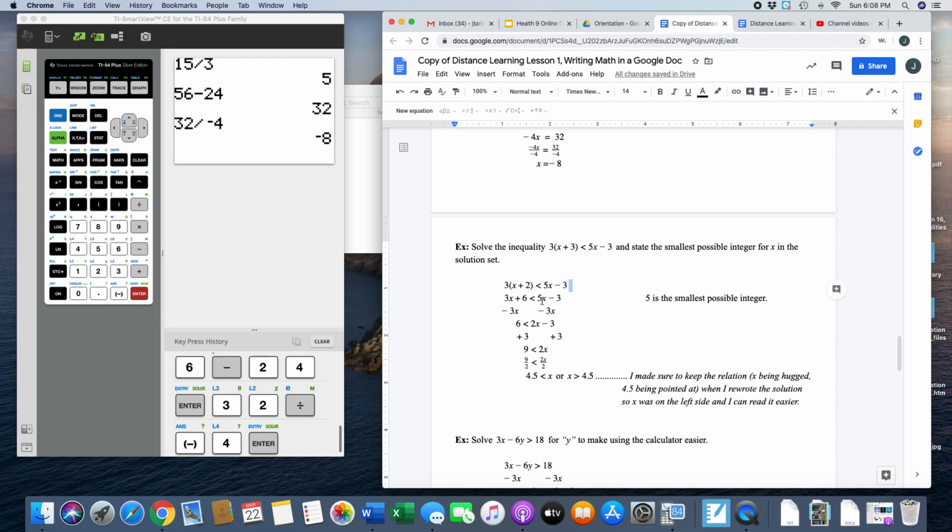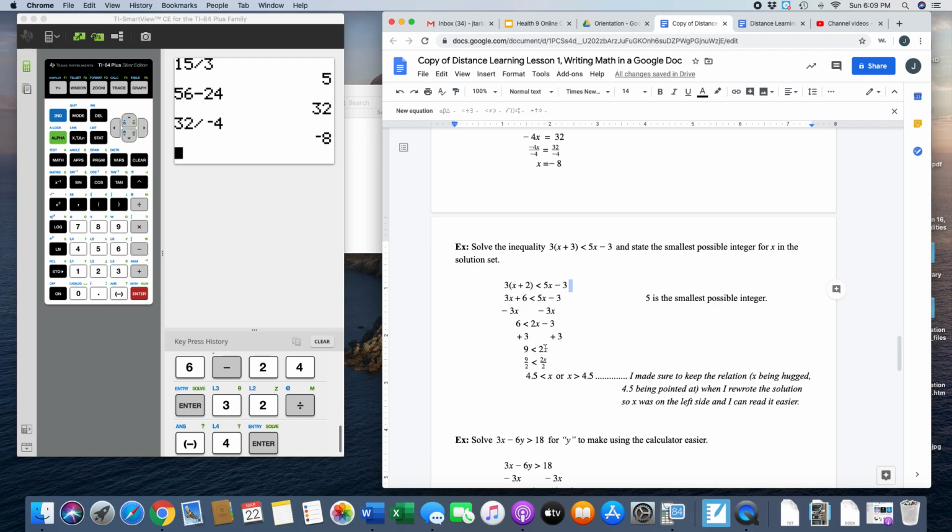The 3x is smaller than the 5x, so I got rid of it by using its opposite on both sides. And 5x minus 3x is 2x. Now I have my variable on the right, so I get rid of whatever's with it. The negative 3. Opposite of negative 3 is positive 3 or plus 3 on both sides.